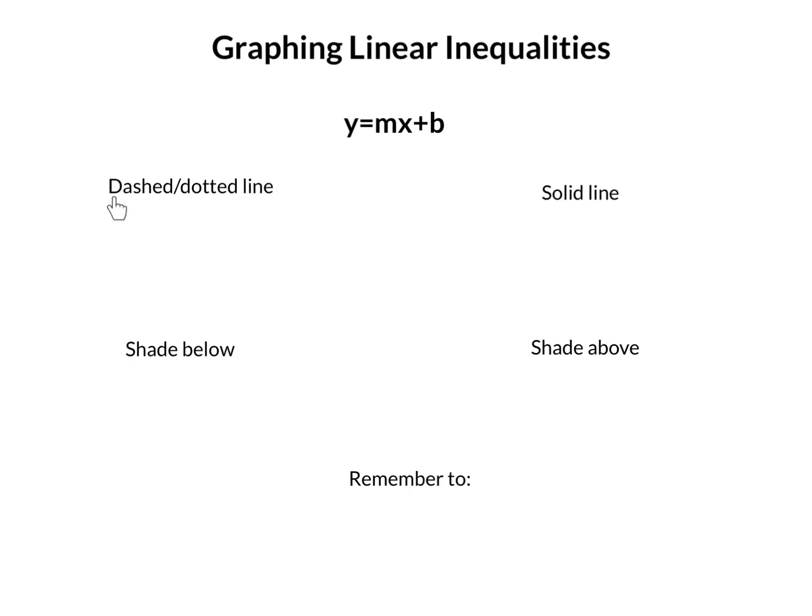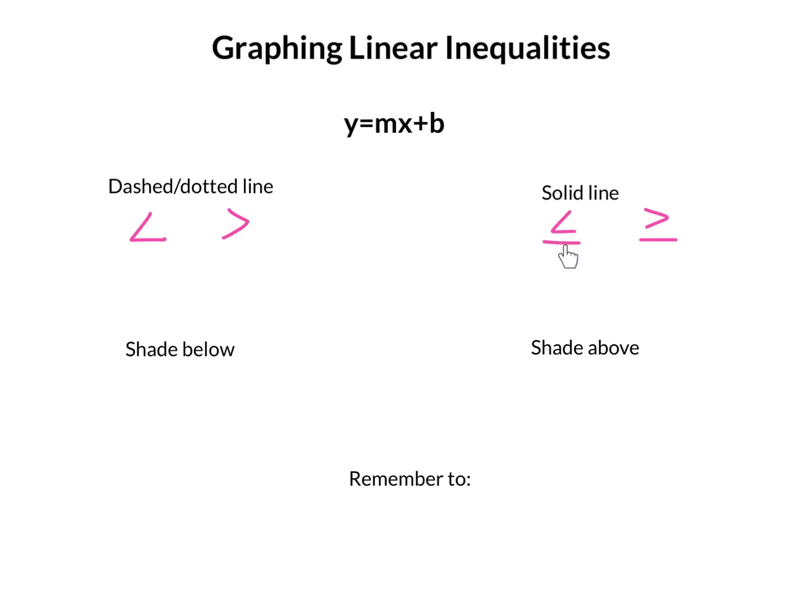But sometimes we're going to have a dashed or dotted line, and sometimes we'll have a solid line. And how you can tell is by the inequality symbol. If it's dashed, it means it was either the less than or the greater than symbol. And if it's solid, then it's less than or equal to or greater than or equal to.